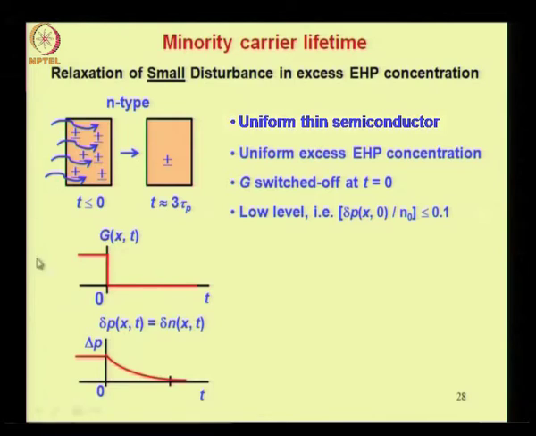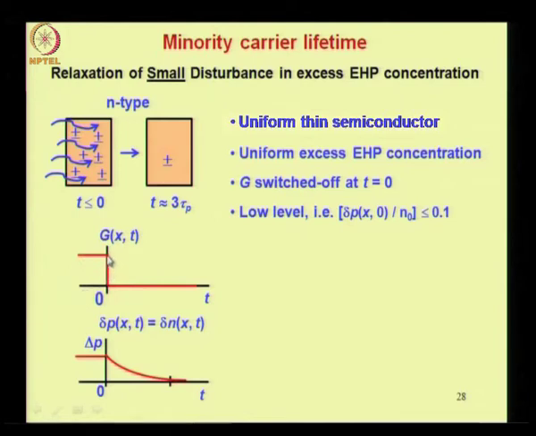Now let us convert our preliminary understanding into graphs. Here G is switched off, so this is the graph of the generation rate as a function of x and t. The generation rate is uniform throughout the entire volume, that is our assumption, and it is switched off. So at t equal to 0 the generation rate abruptly falls to 0. It really does not matter how the generation rate was varying for t less than 0.